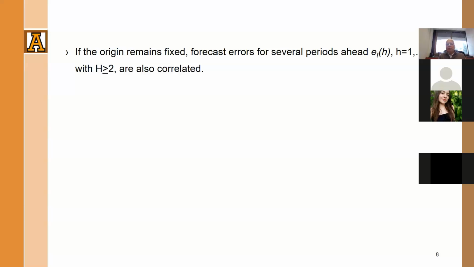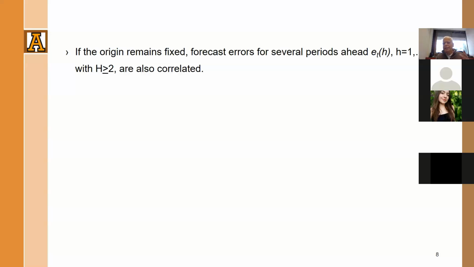Now we don't fix h, but we look at the forecast errors for 2 periods ahead, 3 periods ahead, 4 periods ahead, and so on. They are also correlated. So when we do a forecast for several periods ahead, there will be some correlation.